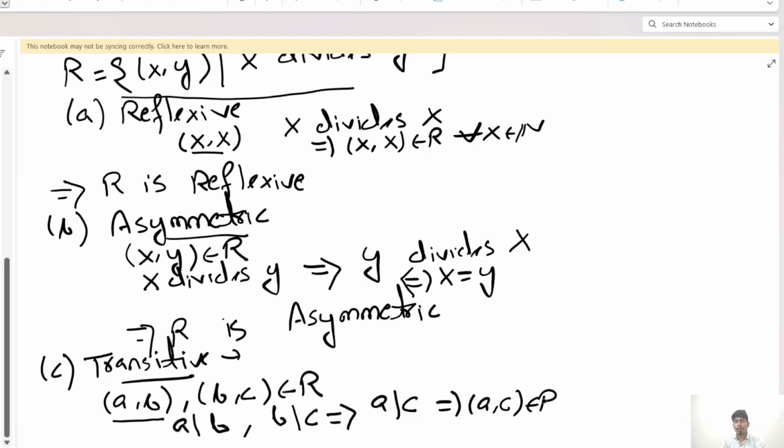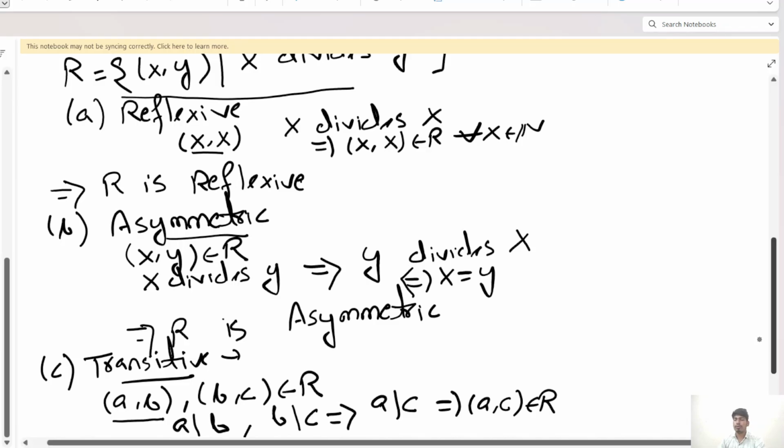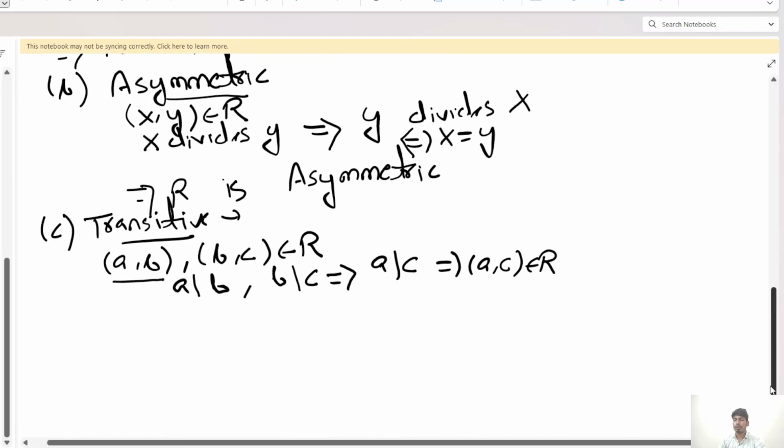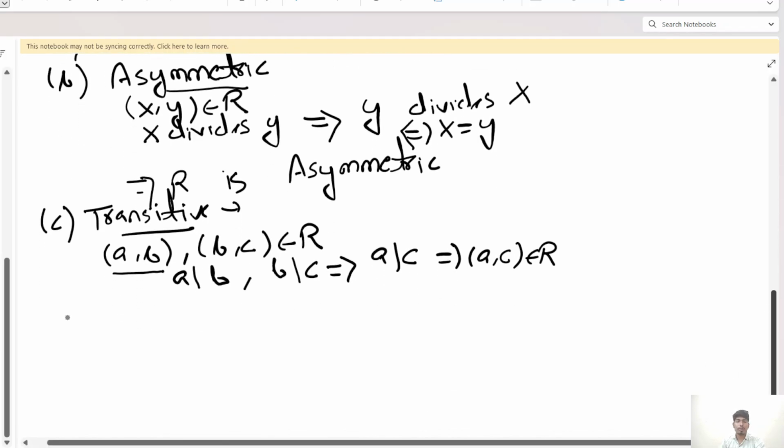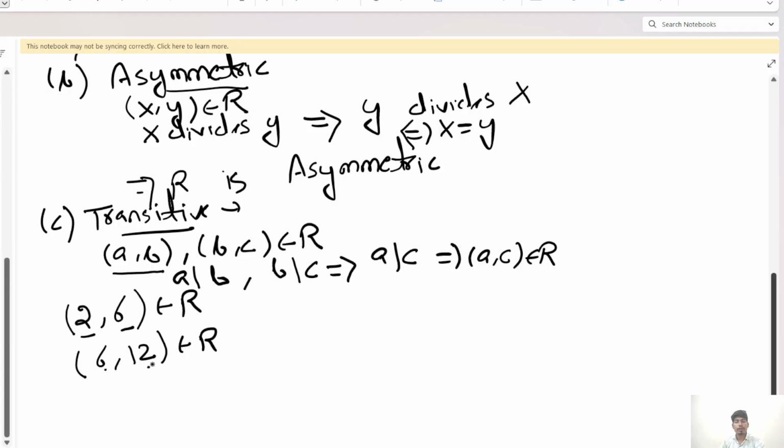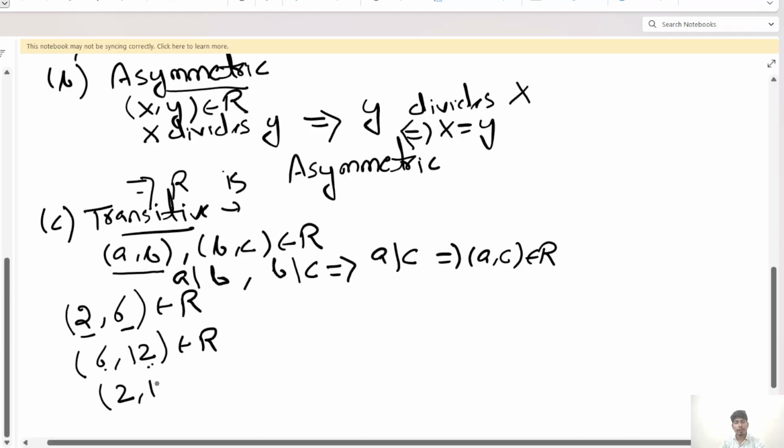Let me give an example for transitive. (2, 6) belongs to R because 2 divides 6. And (6, 12) also belongs to R because 6 divides 12. Then (2, 12) also belongs to R because 2 divides 12, and this is called transitive.